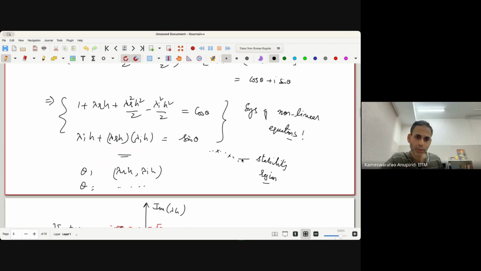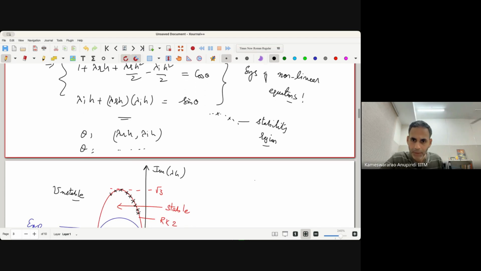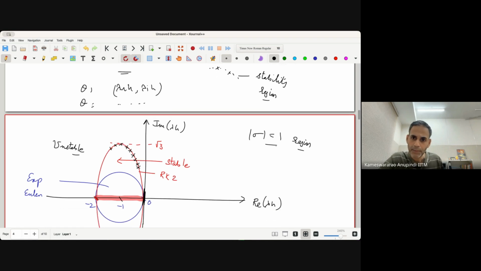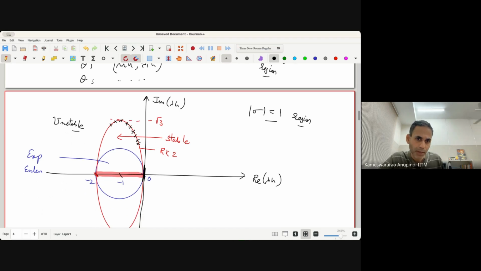Yeah, essentially what we want to look at is the mod sigma equal to 1 region, right? Because that is going to define the marginally stable region. For example, if you take this circle, everywhere on this circle the value of sigma will be equal to 1, right? So anything inside this, the value will be less than 1. Anything outside, the value will be greater than 1.